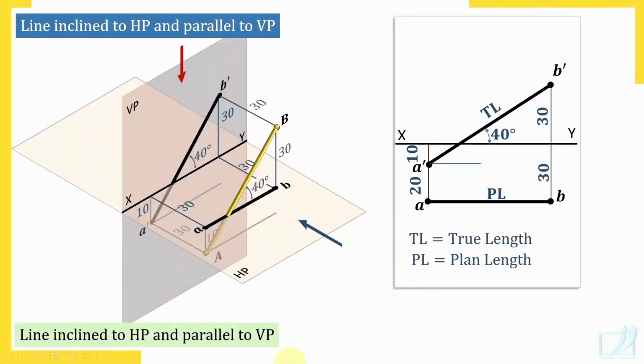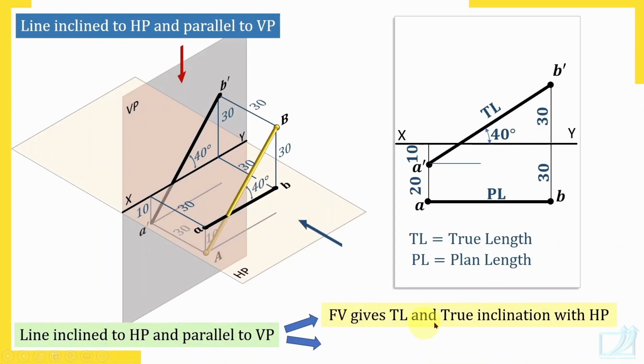But whatever it may be, our observation in first example and observation here in this example are same. And what is that? If line is parallel to VP, then its front view gives true length and true inclination with HP, and top view appears parallel to XY. Remember this.